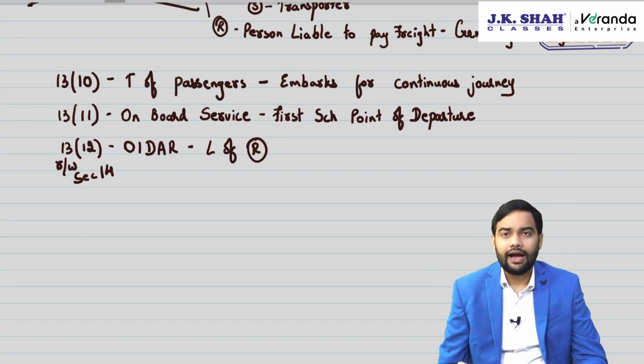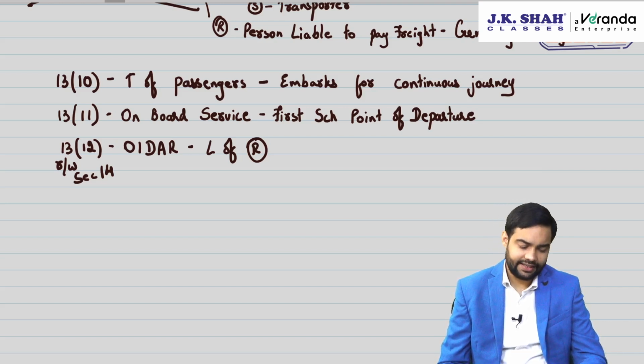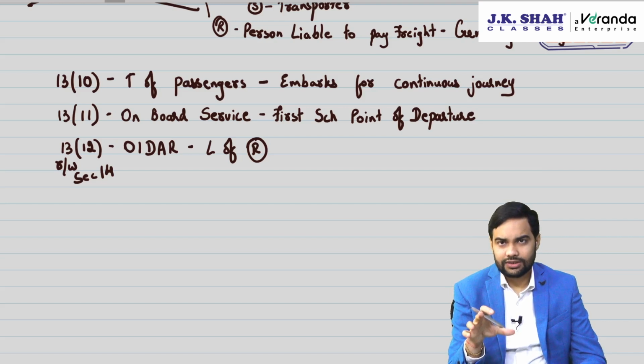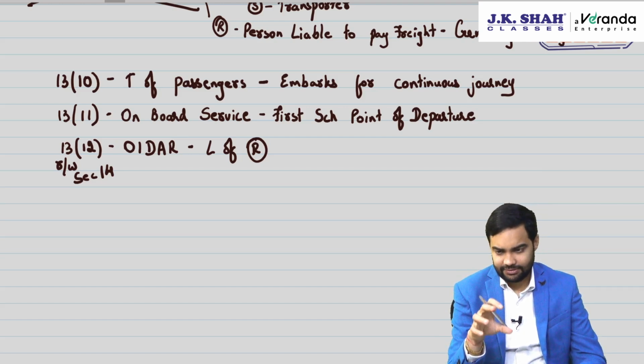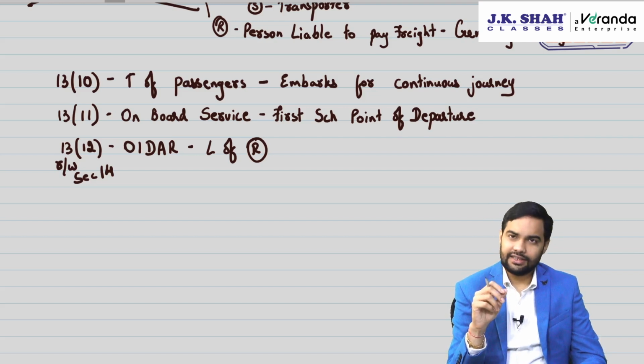Now, OIDAR, LinkedIn, Facebook, advertising, all these are examples of OIDAR, where there is some information online. You are using it as database access retrieval services. So suppose you are accessing that database or trying to retrieve that data, then it becomes a case of 13.12.